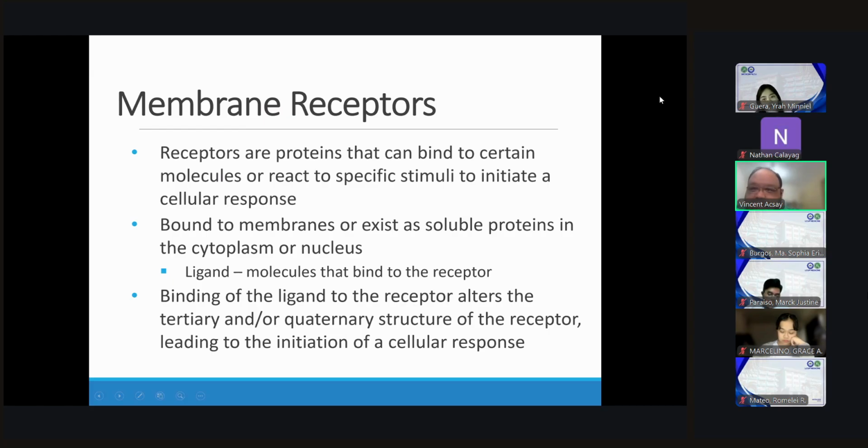The ligand is what you call the molecule that binds to the receptor. So when a ligand binds to the receptor, its tertiary or quaternary structure is altered, leading to conformational change. And that conformational change starts a cellular response.